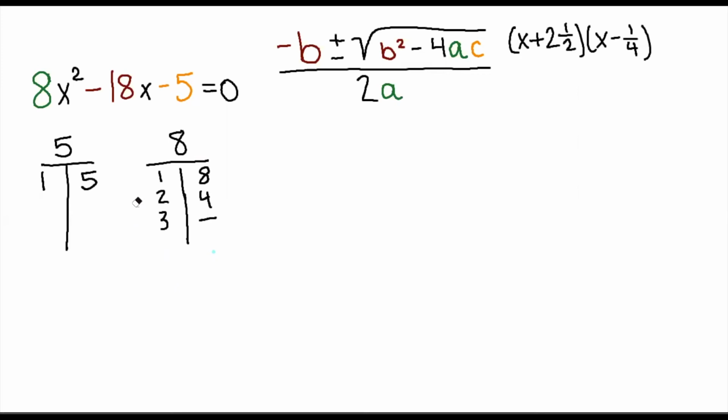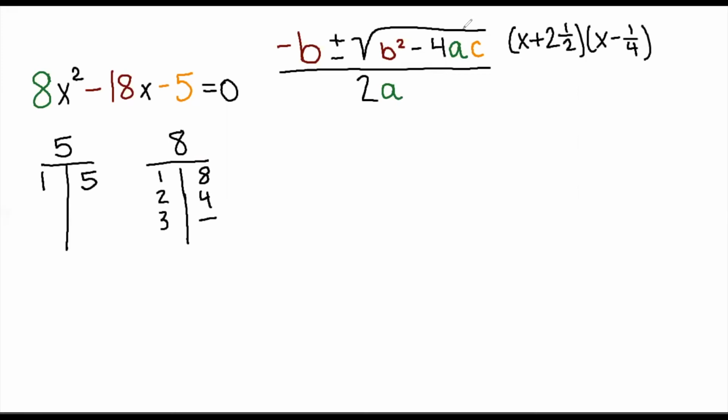So having done all of this, what I'm now going to do is think, okay, how am I going to get my A of 8 to work with my C of 5 to equal negative 18x?